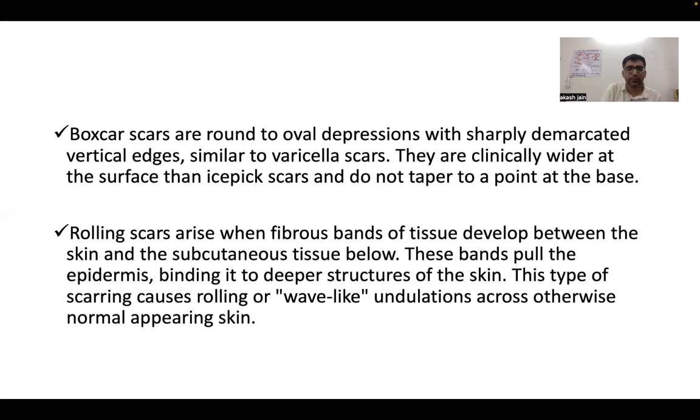They arise when a fibrous band of tissue develops between the skin and the subcutaneous tissue. These bands hold the epidermis, binding it to the deeper structures of the skin. This type of scarring causes rolling or wave-like undulation across otherwise normal skin. These four are the types of atrophic scars: macular scars, ice pick scars, box scars, and rolling scars.